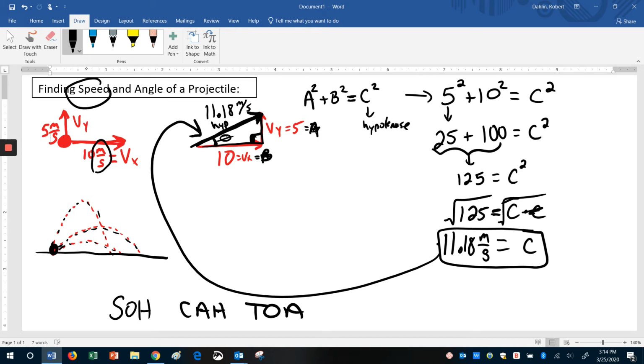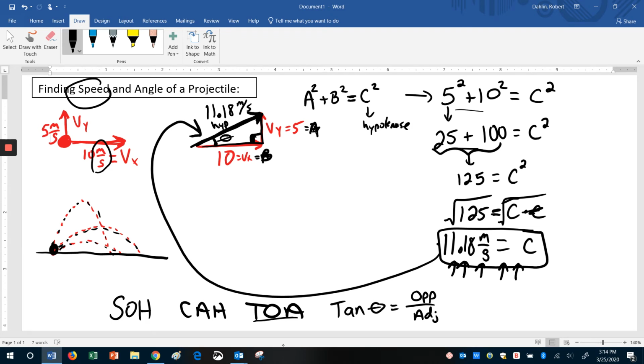Let's use TOA. What does TOA stand for? TOA stands for tangent of our angle equals the opposite side divided by the adjacent side. Let's think about why we might want to do that here. The reason is, what if I screwed up here? What if I mistyped something?